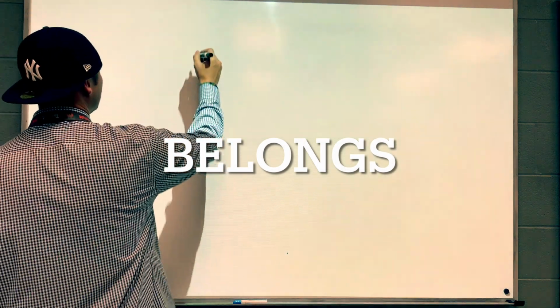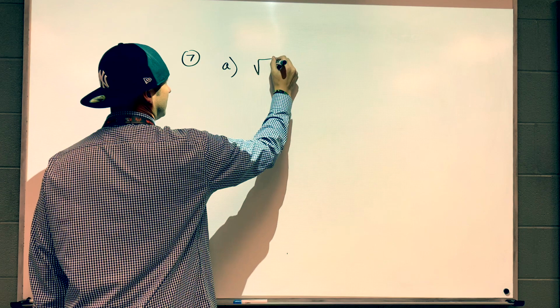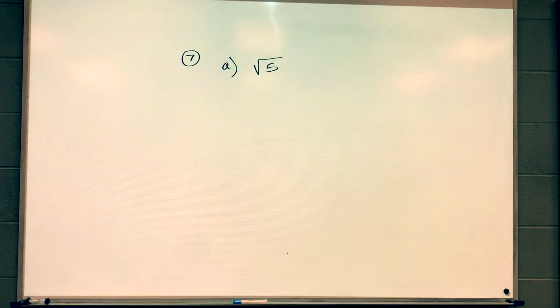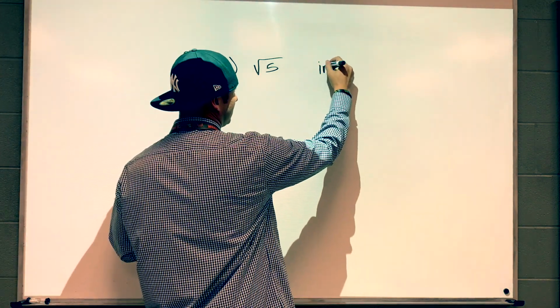Okay, number 7. Identify the most specific number set to which each of the following belongs. So 7A. Okay, this root 5 is an irrational number.